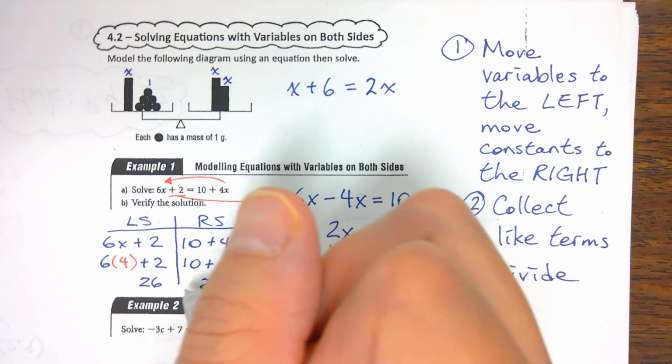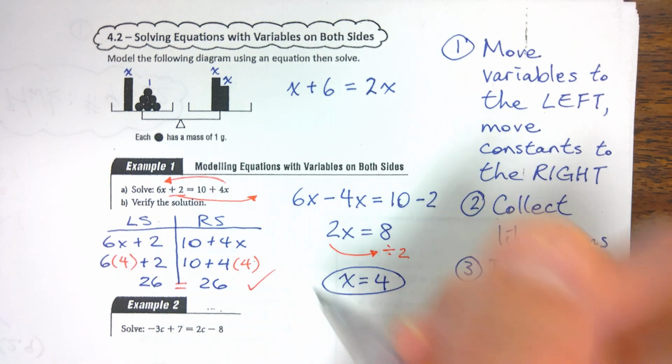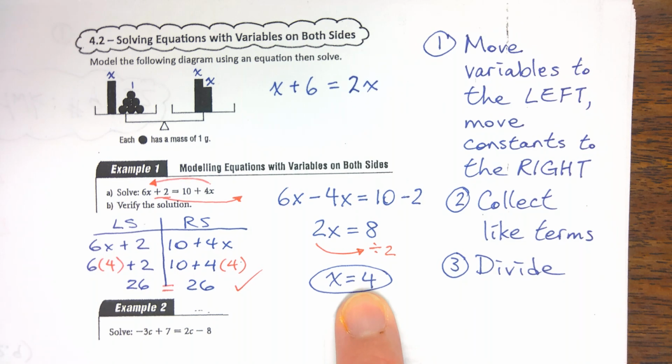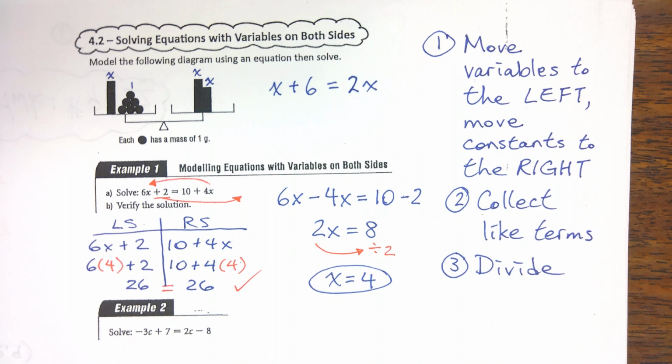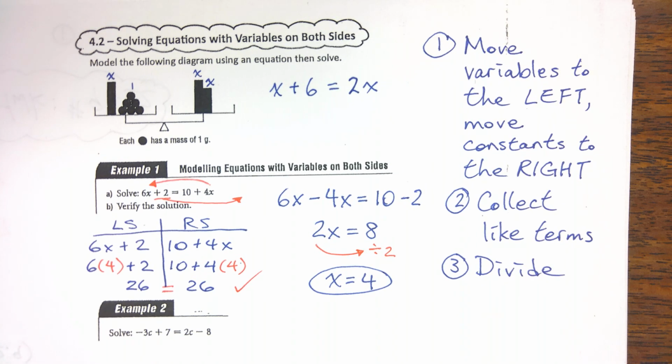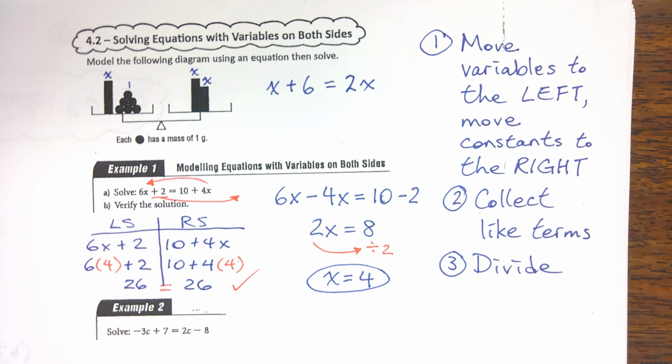Left side equals right side, and so I know my answer of x equals 4 is correct. Okay. So again, I keep telling you guys, if you have time at the end of your test, check every single answer. You can know that you got it right before you hand it in.